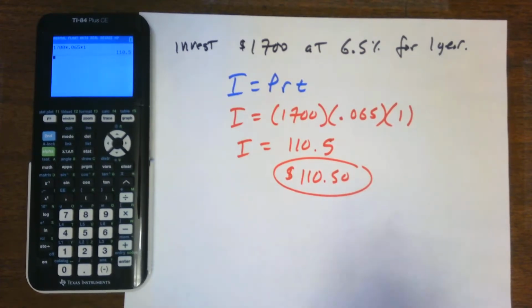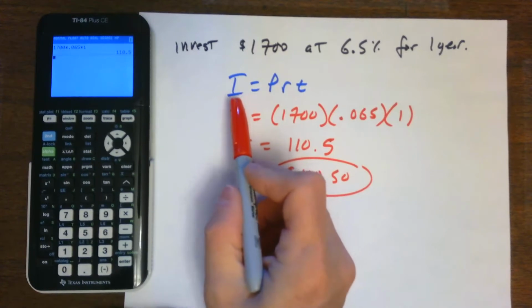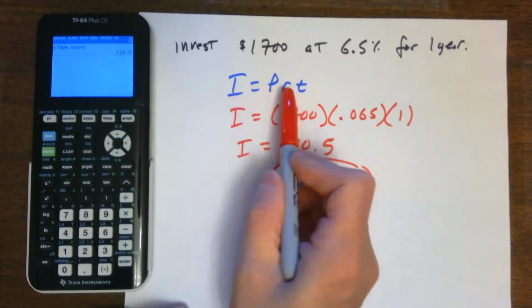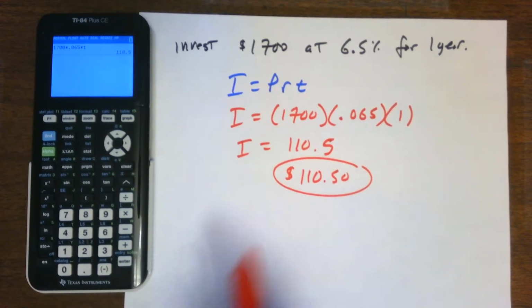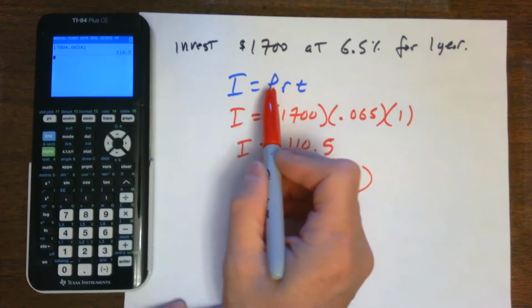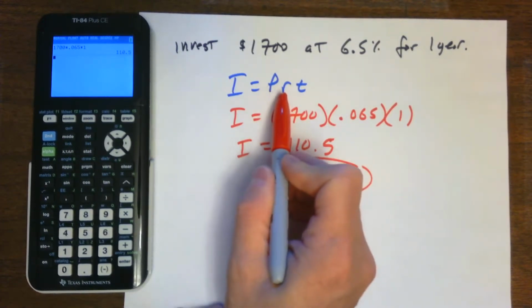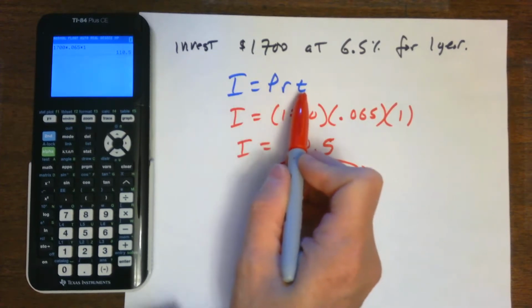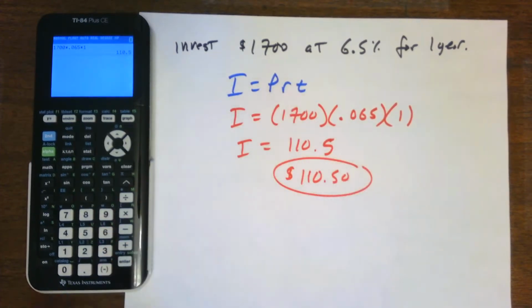Very basic. If we take a closer look at this formula, there are 1, 2, 3, 4 different variables here. And I should be able to give you any 3 of them, and you find the other one. For example, I could give you how much was invested and what the rate was and how much the interest is, and you have to work backwards to find out how long that investment was going on.